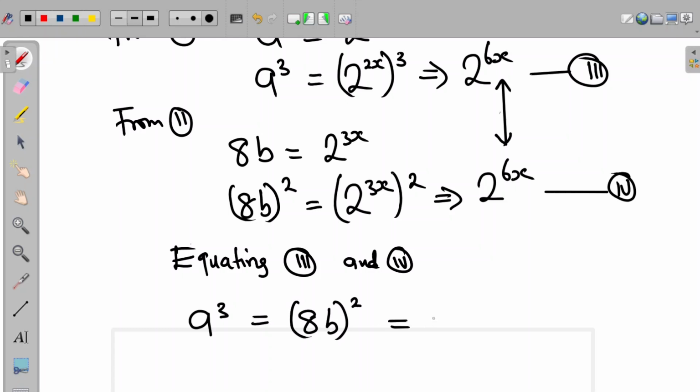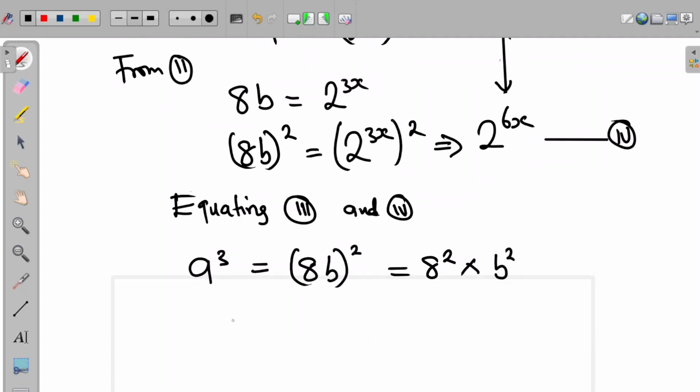And this can be expressed as 8 squared times b squared. So therefore, a raised to the power of 3 is equal to 64 multiplied by b squared. So this is the relation between a and b.